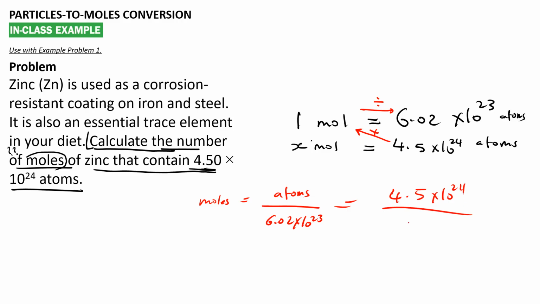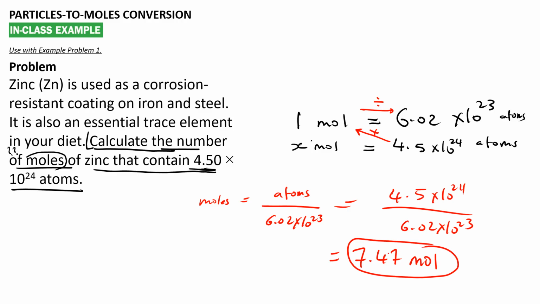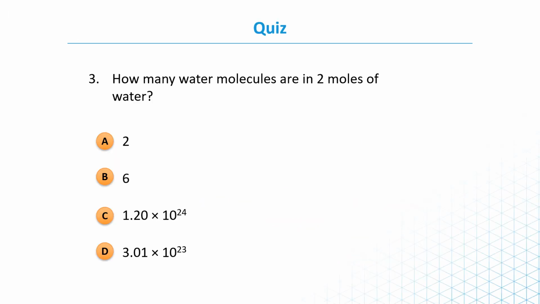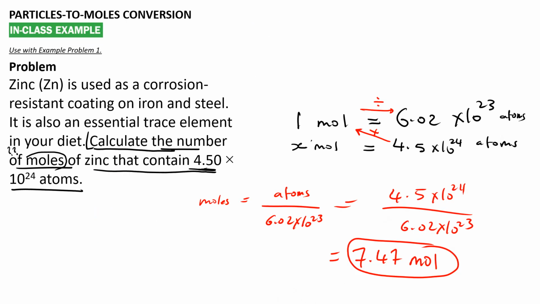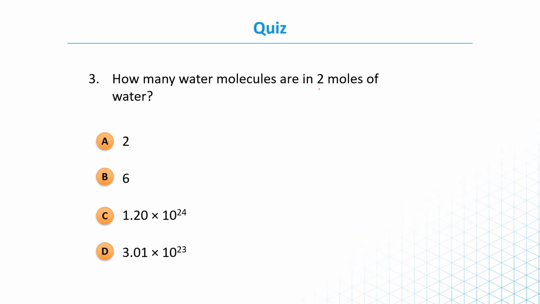So this divided by this, and the answer will be 4.5 times 10 to the power 24 over 6.02 times 10 to the power 23, and then you will get 7.47 moles. Yes. Okay. So how many water molecules are in 2 moles of water?